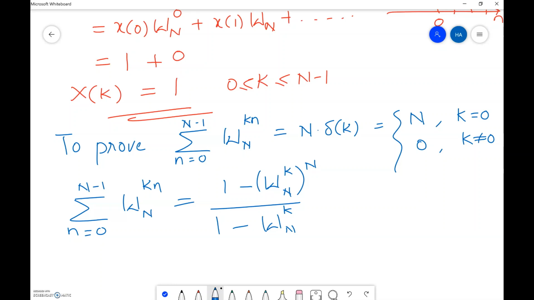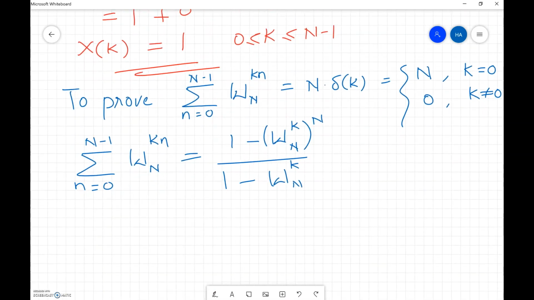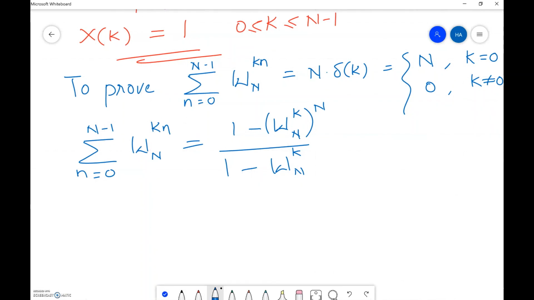So let's substitute for this twiddle factor as e power minus j 2 pi by N. Then we have k and capital N here, divided by 1 minus W_N to the power k.